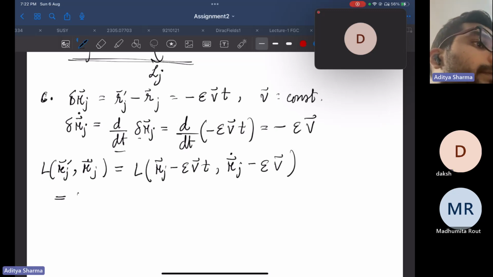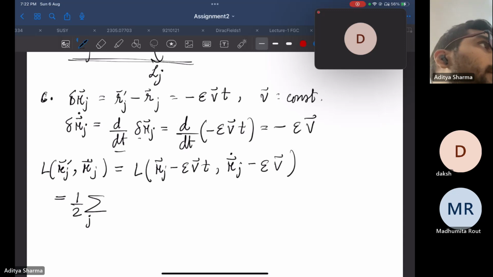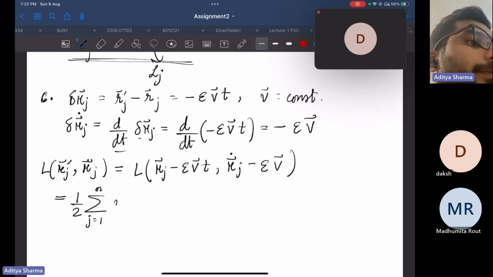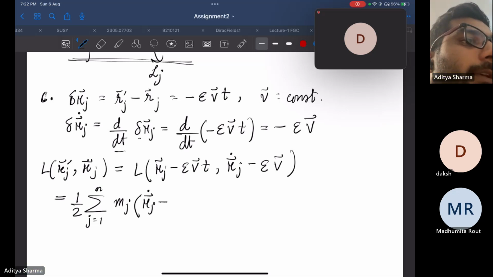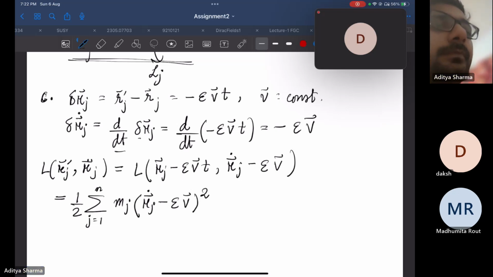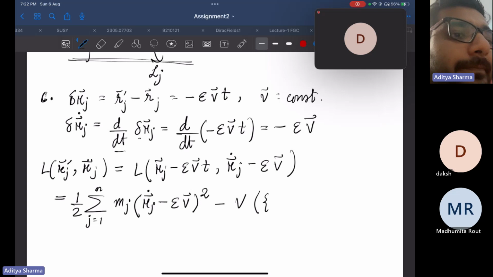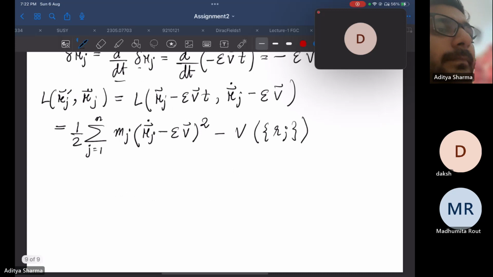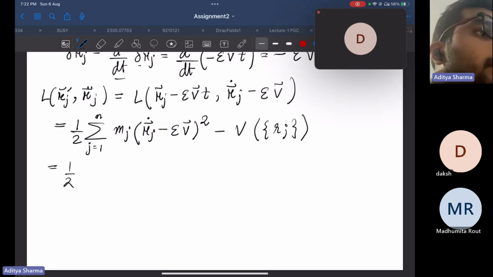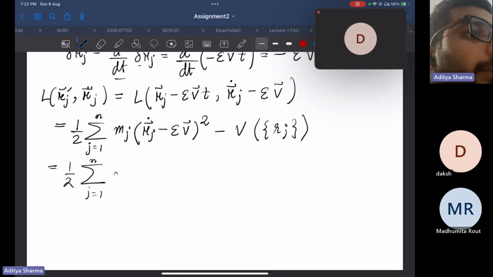So you are going to find half the summation over j equal to 1 to n of m_j times (r_j dot minus epsilon v vector) squared, minus V, and V doesn't change. V remains the same. Whatever we do, we have to do only up to first order.